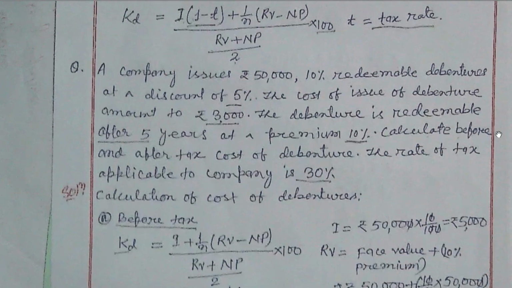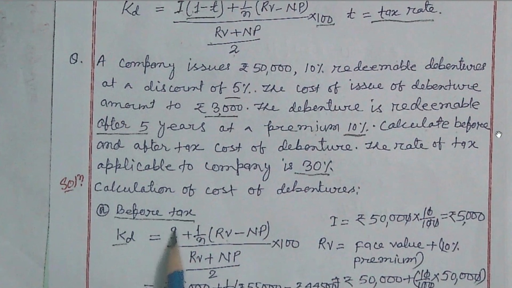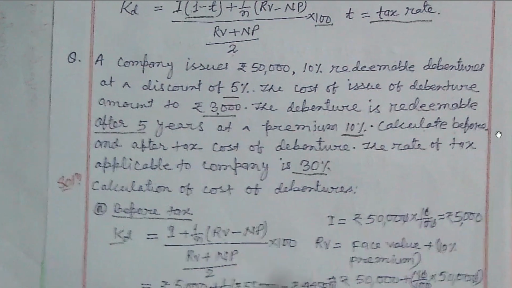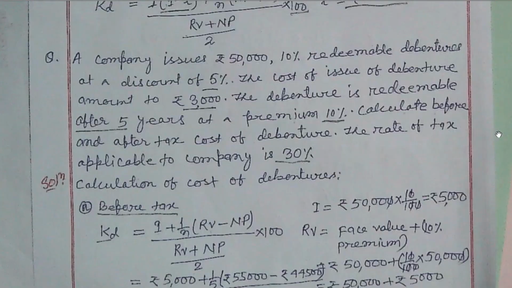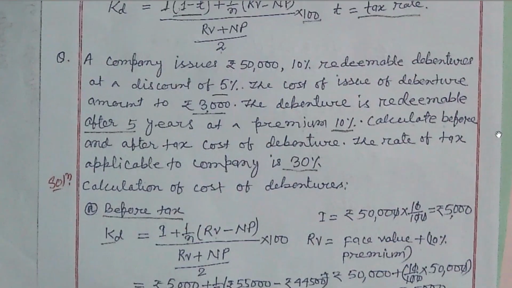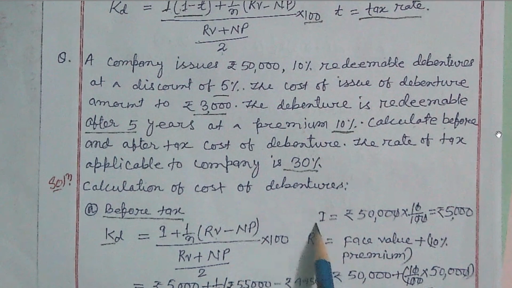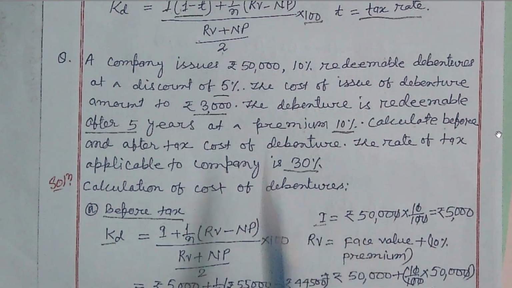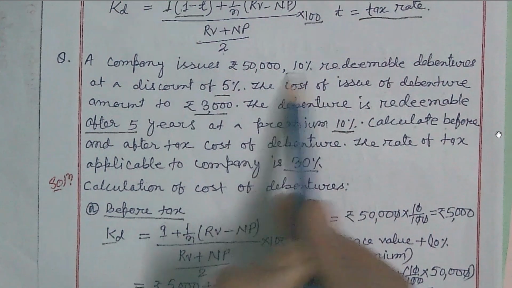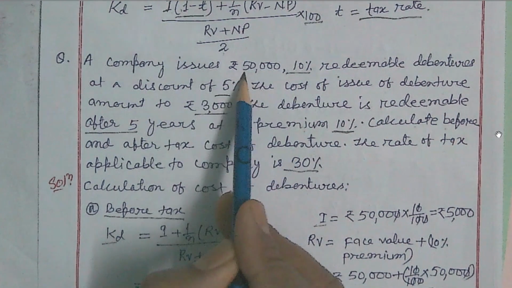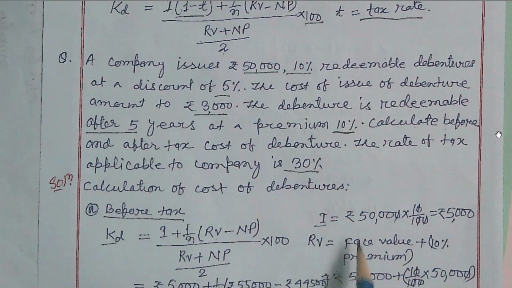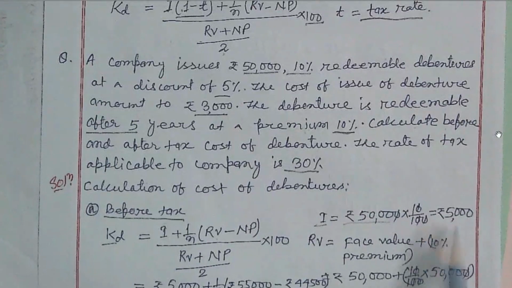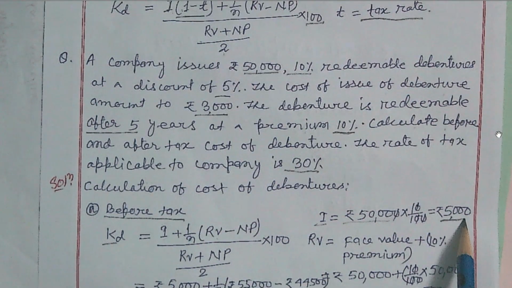Okay. Now here the amount of each component is calculated on the right hand side of the formula. Here I stands for interest, so the rate of interest is given here as 10%, and the face value of debenture is 50,000. So 10% of 50,000 is the amount 5,000.